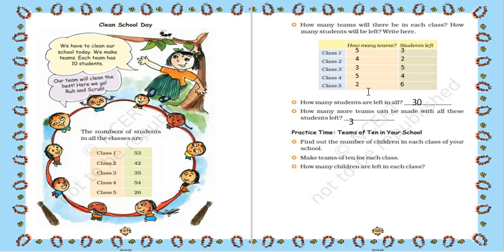And in class 5, 2 teams will be formed and 6 will be left. Now see the left students. If we count the left students, the sum of all these becomes 30. And with these 30 students, we can make 3 other teams. Okay, these 3 teams.